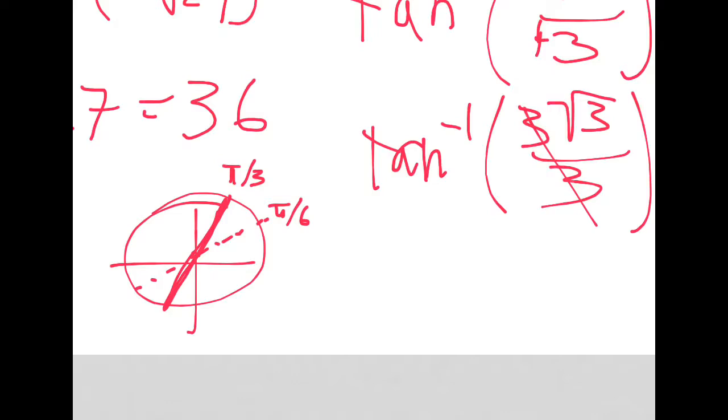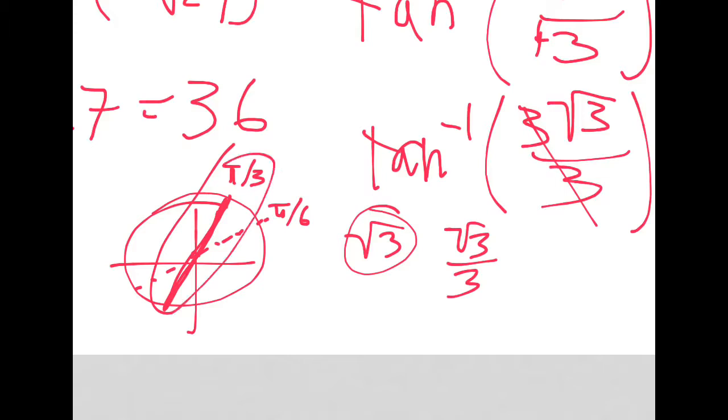Of those two, I remember one is the square root of 3, and the other is the square root of 3 over 3. And we can remember that tangent is slope. The bigger of the two numbers, root 3 versus root 3 over 3, is root 3, and this is the line that has the steeper slope. And so that helped me remember that the square root of 3 is the tangent value at pi over 3.